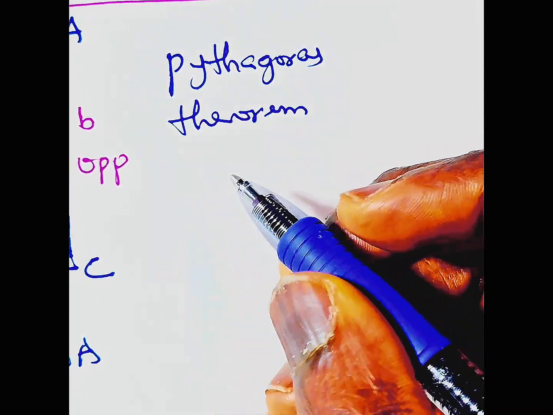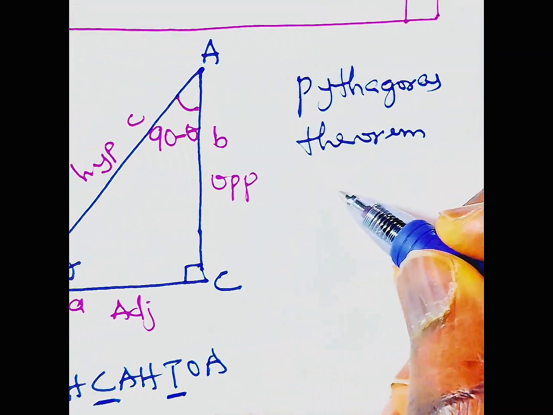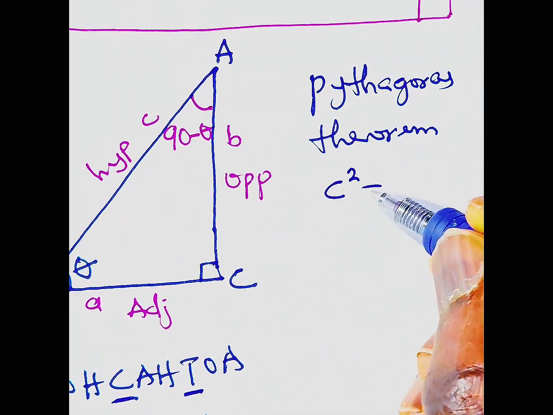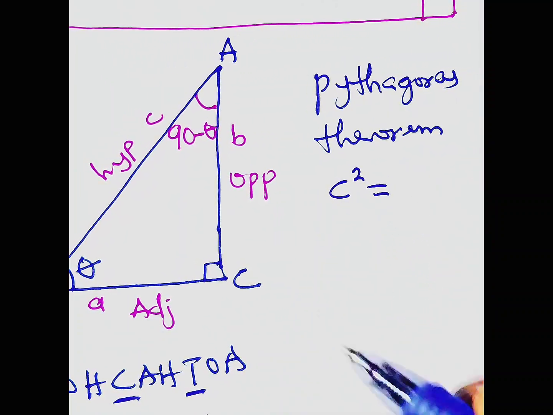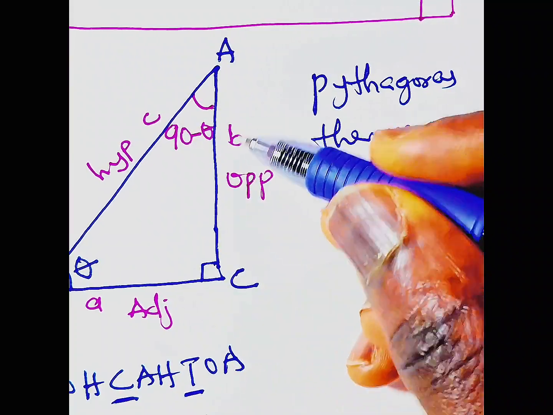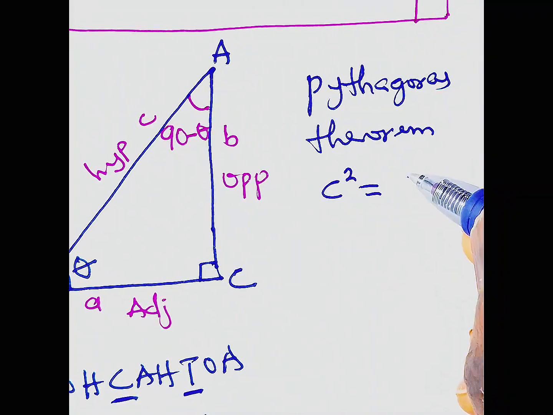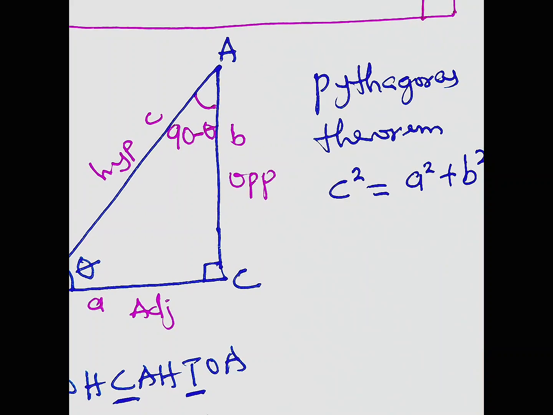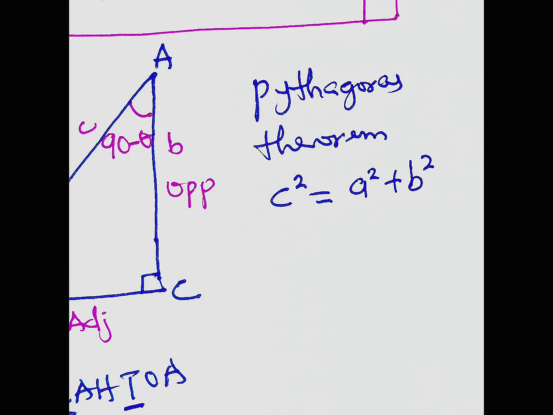What are we talking about? This hypotenuse, c squared, is equal to the sum of the squares of these two sides, a squared plus b squared. That is what the Pythagorean theorem says.